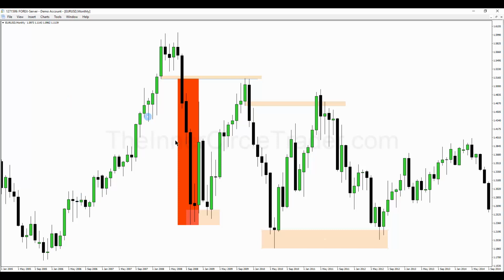So what we're seeing is another area at which we have price trading from the bodies of the candle. We drag that all over here. You can see price trades into that area right in here as well.